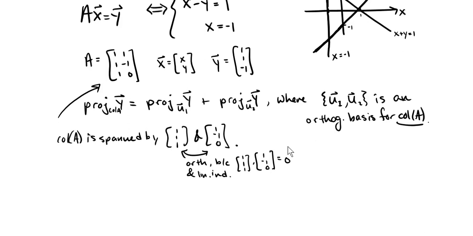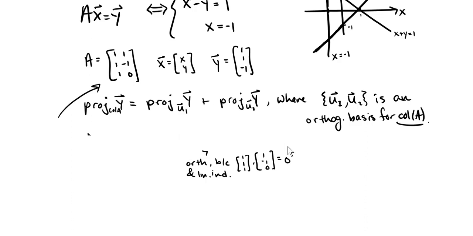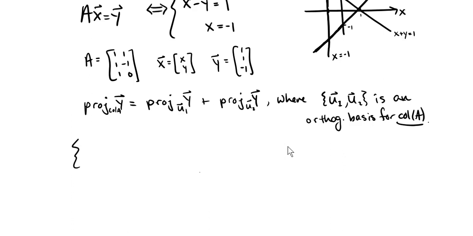So I'll erase my mess here. That's my explanation. Maybe we can just write it down clearly now. So let's say the orthogonal basis we can use happens to be the set of columns here.